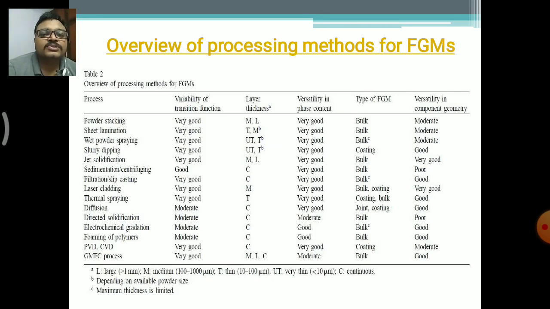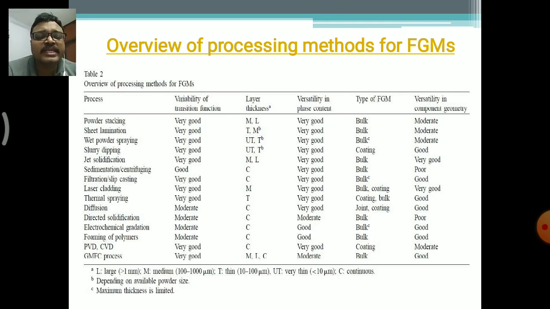Coming to the processing methods, the first column is the process. There are different types of process: powder stacking, sheet lamination, wet powder spraying, slurry dipping, jet solidification. There are so many types of process. We also have PVD and CVD as main processes, as well as electrochemical gradation and diffusion.